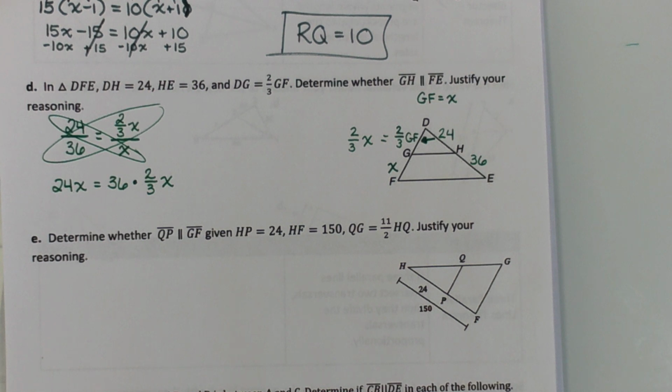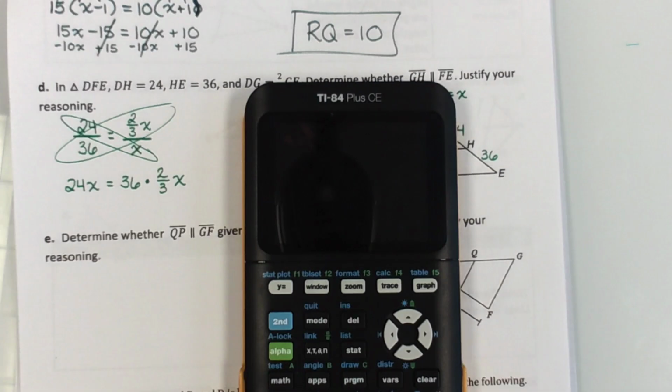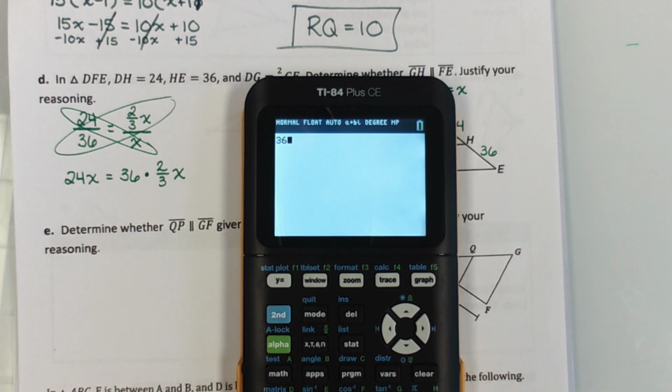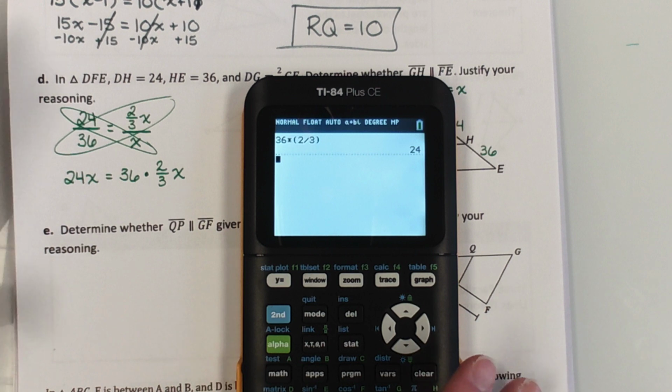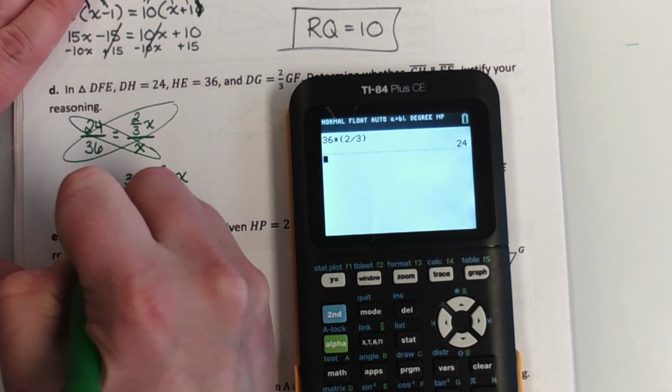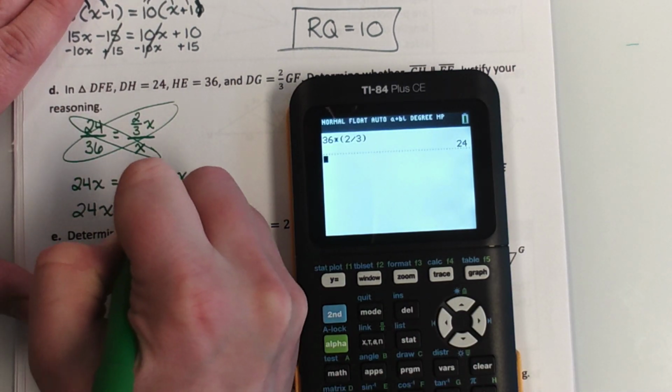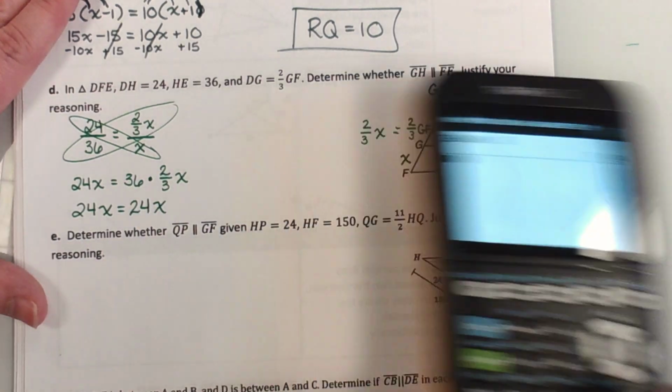How'd you get it? Divided it by 3 and then I just added 12 to it. But essentially you typed it into your calculator. 36 times 2/3, ta-da, 24. Or yes, you can divide by 3 and then multiply by 2. 24x equals 24x. Because don't forget to put the x back on.